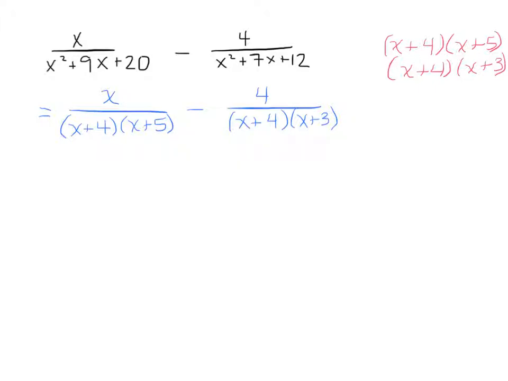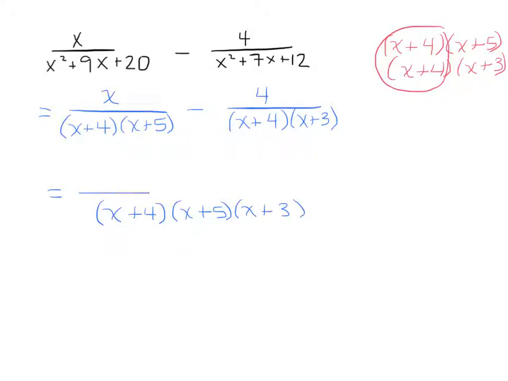X plus 4 is there once, so that's part of the common denominator. It's in both of them, but it's only there once in each. So we take that, and then take the other two. The x plus 5 and the x plus 3 also have to be part of it. So there's the new denominator.